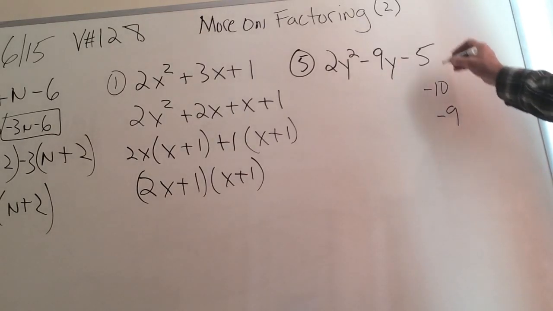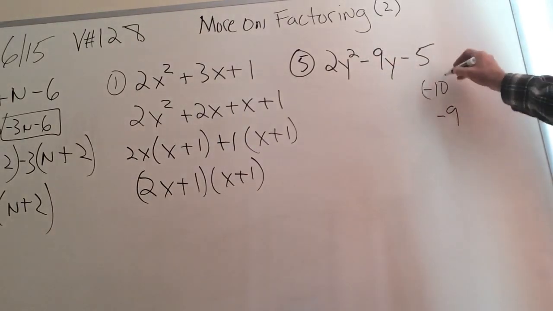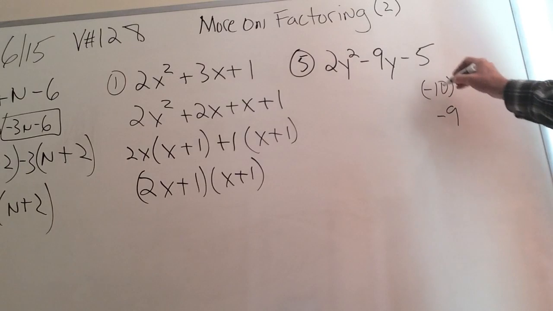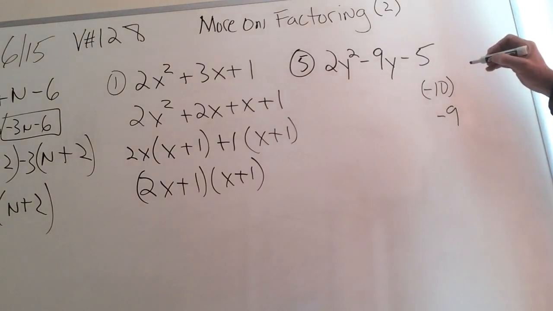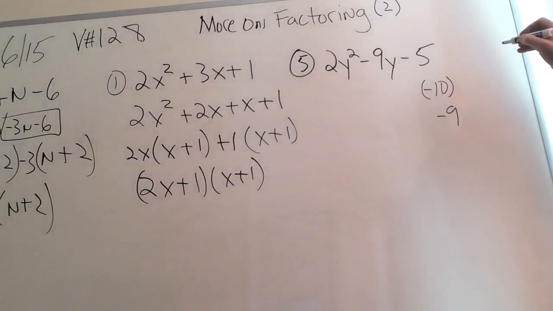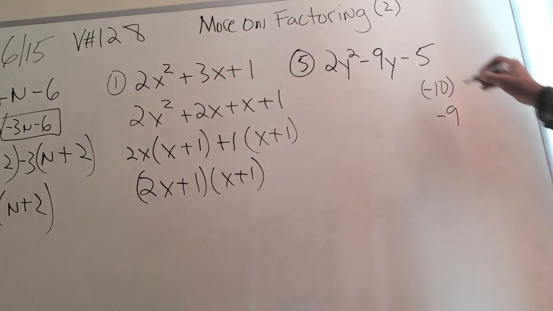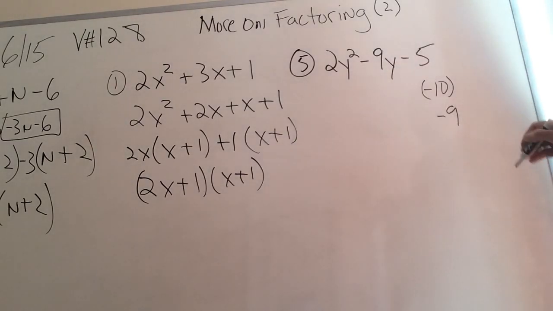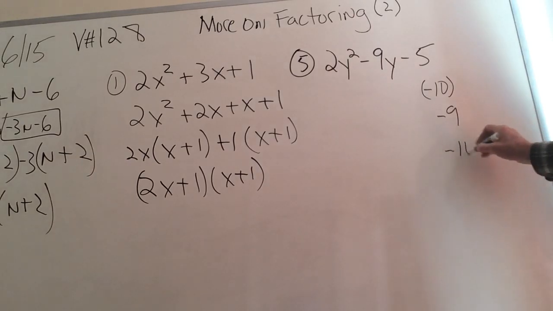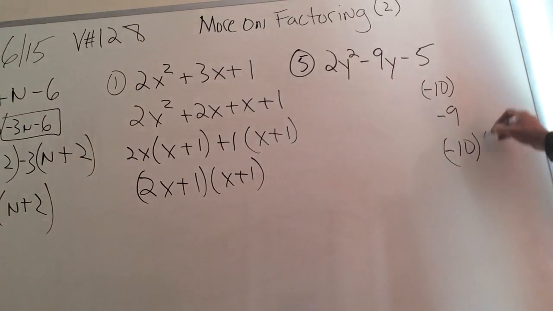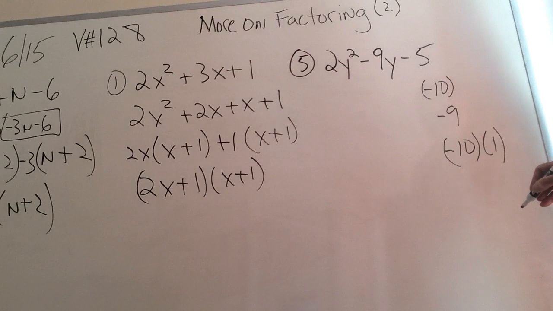But again, the last term, the way we look at it, the last factor is negative, so it has to be a negative times a positive, and since the negative is the middle term, the negative has to be bigger than the positive. So it seems to me that negative 10 times 1 equals negative 10, and negative 10 plus 1 equals negative 9.